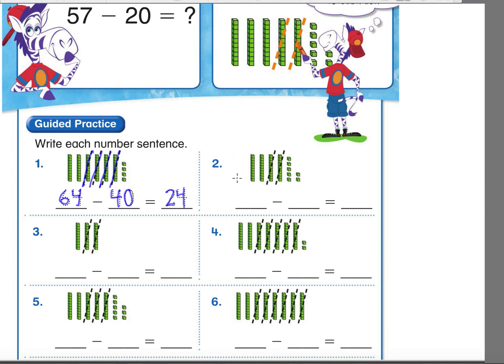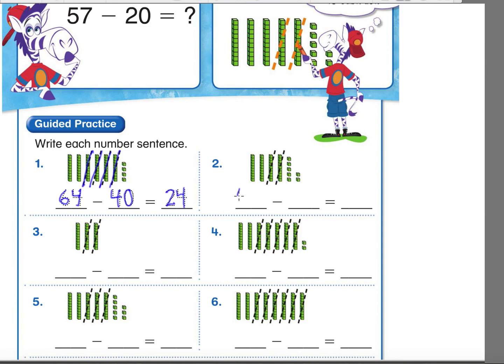Okay, now for number 2, I'm going to start you off with counting the total, so we're not unsure about anything, because I know these dotted lines can throw us off here. Let's count the total together, and then you're going to try the rest on your own. 10, 20, 30, 40, 41, 42, 43, 44, 45, 46, 47.